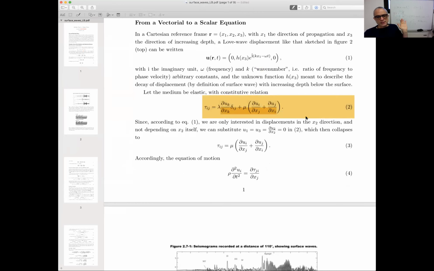You've seen this before. This is Hooke's law. So we assume that the medium is elastic. That shouldn't surprise you.